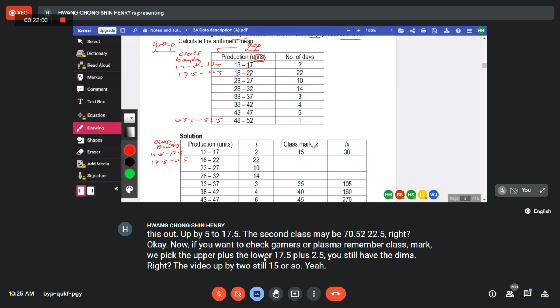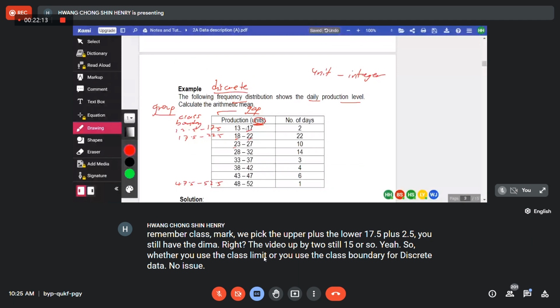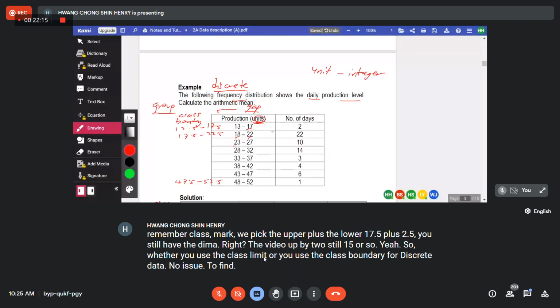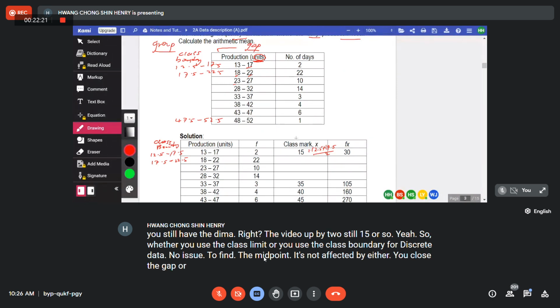See or not? So whether you use the class limit or you use the class boundary for discrete data, no issue to find the midpoint. It's not affected by either you close the gap or not close the gap.